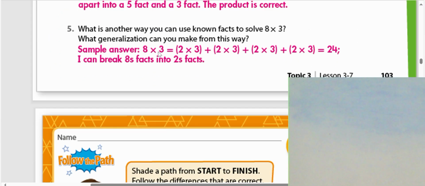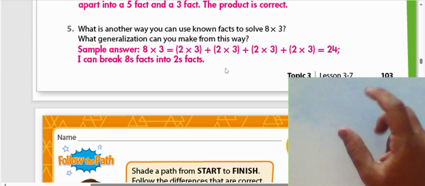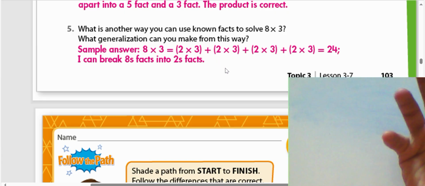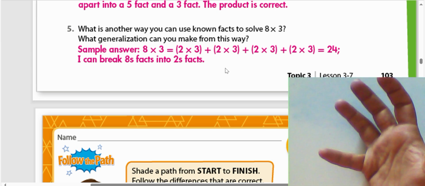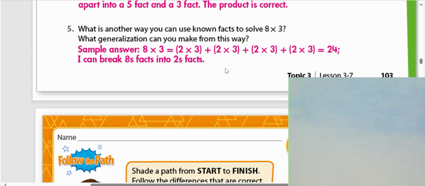Question. We can use this method by writing 8 as more factors, never mind, true, but he divided 8 equal 2 plus 2 plus 2 plus 2 and using distributive properties like this.